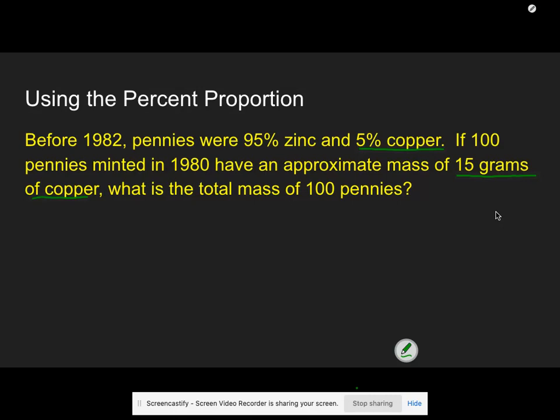So I'm going to have 15 over question mark equals 5 over 100. Well, 5 up to 15 is times 3. So 100 times 3 is 300. So the mass of 100 pennies is going to be 300 grams.